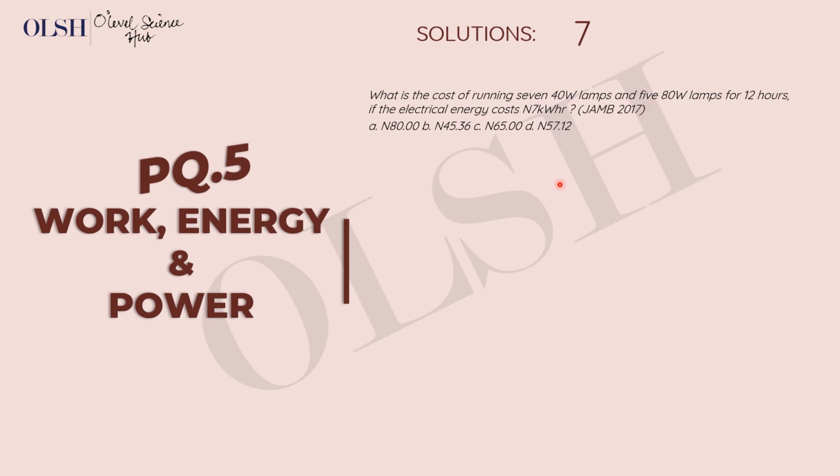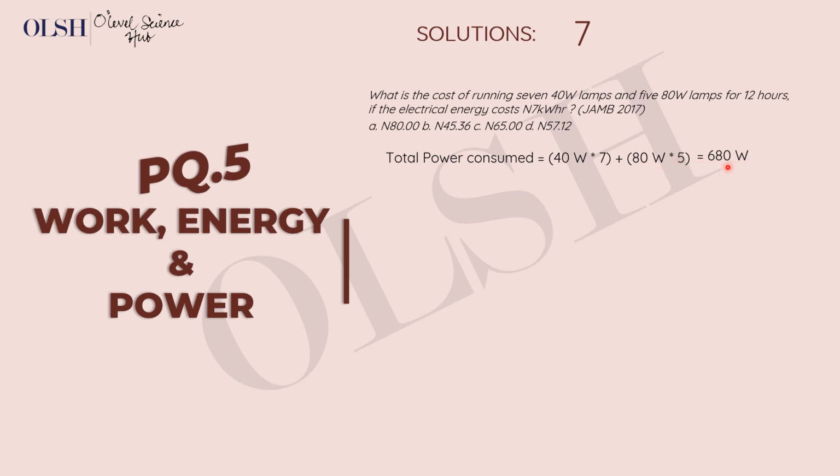So we have to first of all find the power consumed here. To find the power consumed, we multiply 7 by 40 and 5 by 80. So if we do that, we would have total power consumed to be 680 watts.